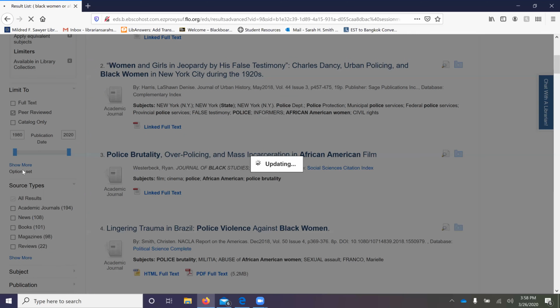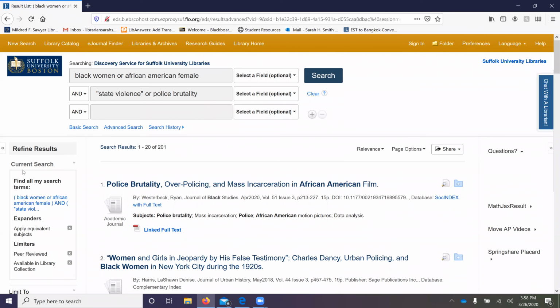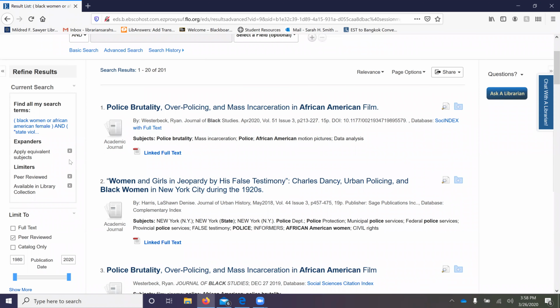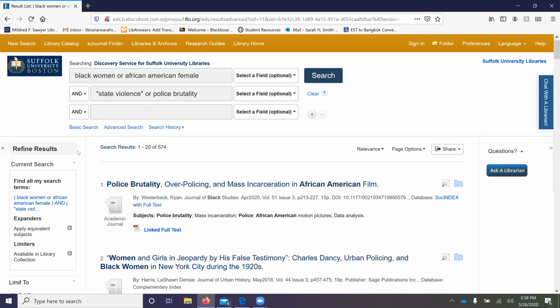Clicking that limiter will take out all of the sources that were not from peer-reviewed journals. These are all journals in which the author had to submit the article to the journal, and it was reviewed by 3 experts in the field before they were allowed to publish. So we're going to click out of that. That is always available to you if you need to look for peer-reviewed information.